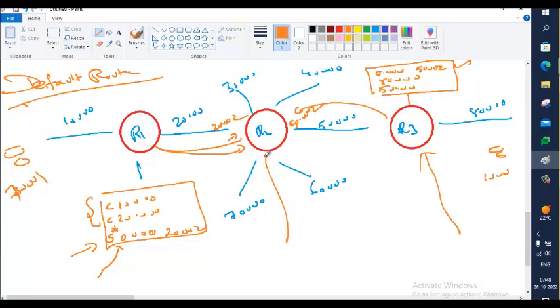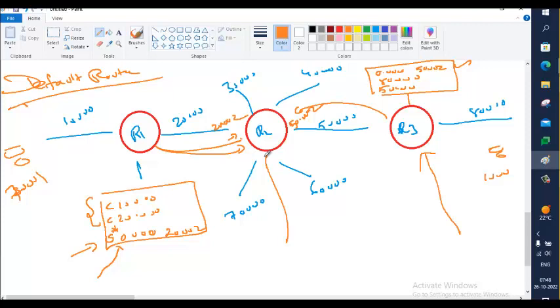Now, someone answer: is 80 and 10 in the same direction for R2? For the R2 router, are 10 and 80 in the same direction? What about others?